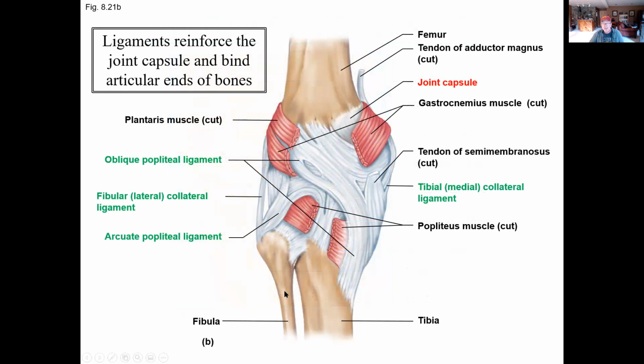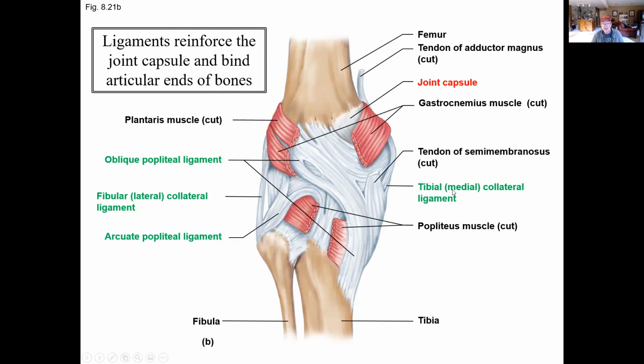This just talks a little bit about the external part of the synovial joint, the joint capsule, and we can see again that we've got some muscle here in red. The white is depicting the dense connective tissue. Most of these are ligaments because they're binding bone to bone.